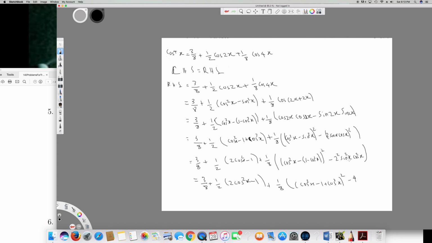So here we are going to do the same thing. We have nothing to do with the sine square x. I'm going to turn this into a cos square x. So as we know already, sine square x is equal to 1 minus cos square x. I'm going to put the 1 minus cos square x here, multiply by cos square x.